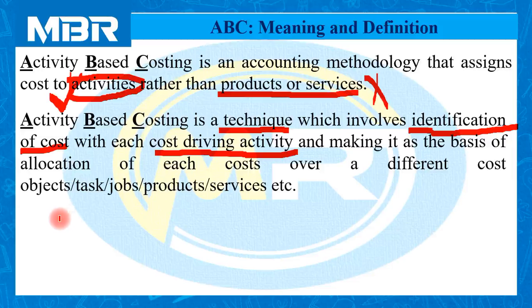If you combine all these activities, you can come to a conclusion that all these expenses are related to procurement of the materials. And as it is related to procurement of material, let us prepare a group, a pool. So first we need to identify the cost, and based on these costs we need to identify the cost driving activity.